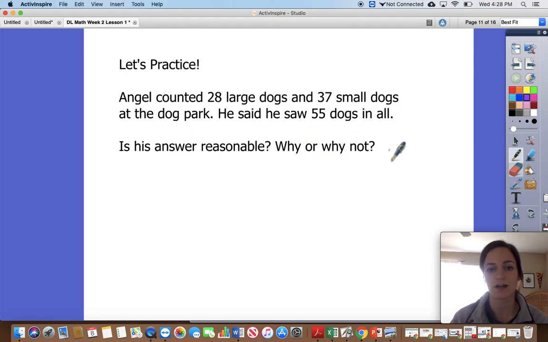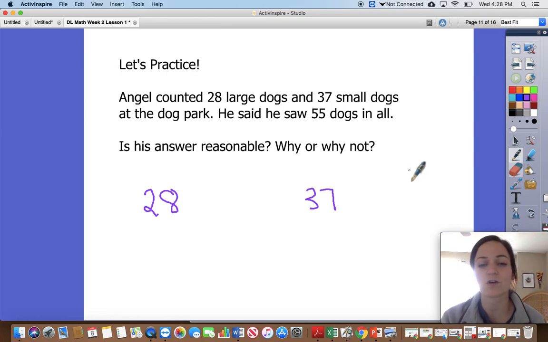Why or why not? Okay, so Angel said he saw 28 large dogs and 37 small dogs. Instead of adding those two together and seeing if he's close, we're just going to really quickly round them both to the nearest 10 and see if that's close to 55. If it's nowhere close to 55, then we would say no, his answer is not reasonable.